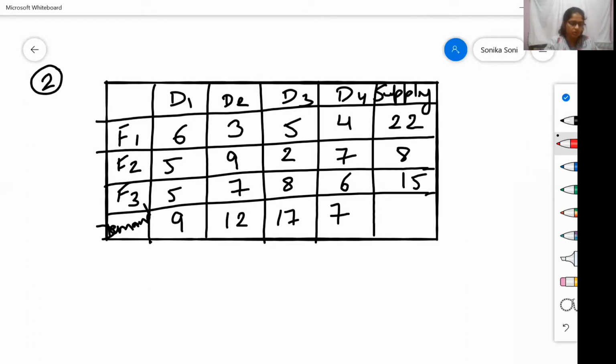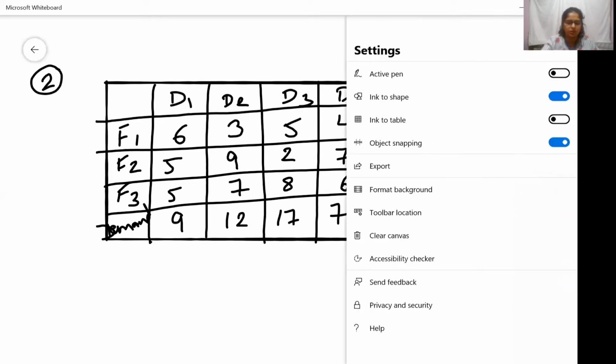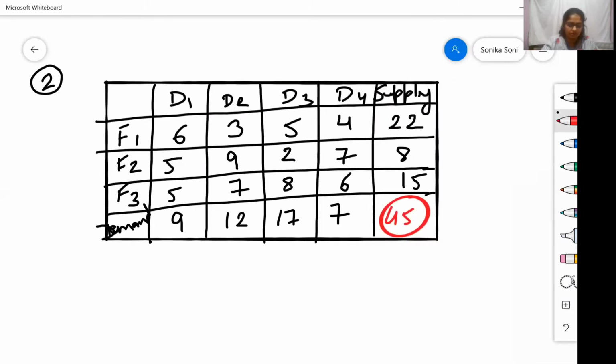Adding supply 22 plus 8 plus 15, we get 45, and adding demand 9 plus 12 plus 17 plus 7, we get 45. That means demand is equal to supply, 45. So we can proceed with the question and find the solution here.